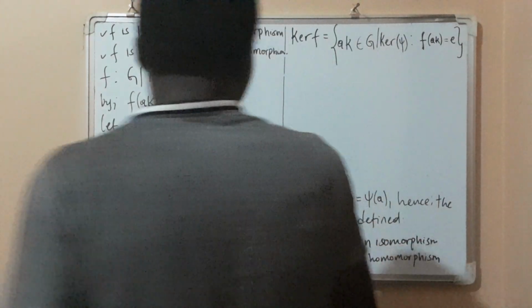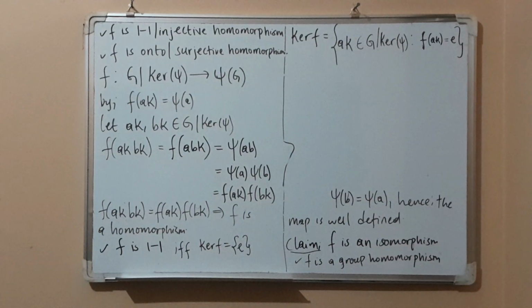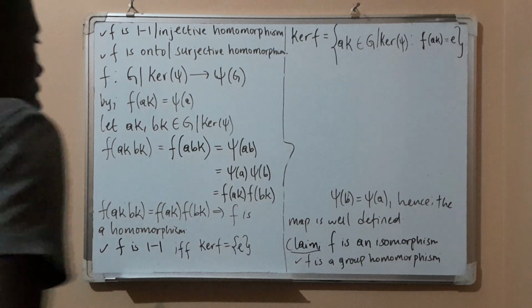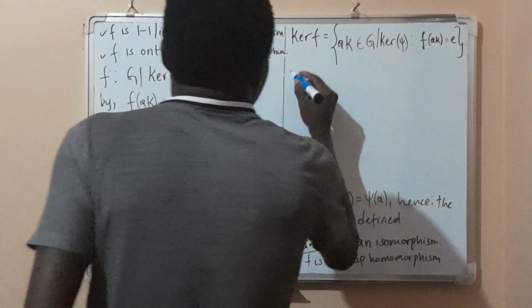That is the definition of the kernel of that map: those elements which are mapped to the identity.